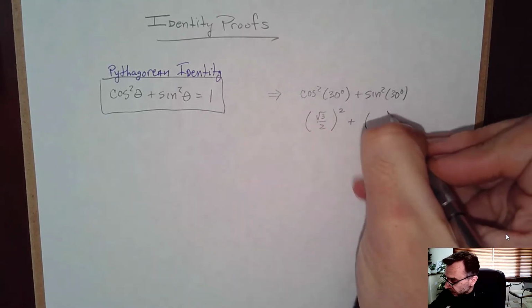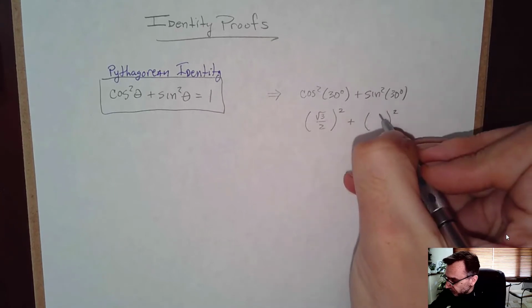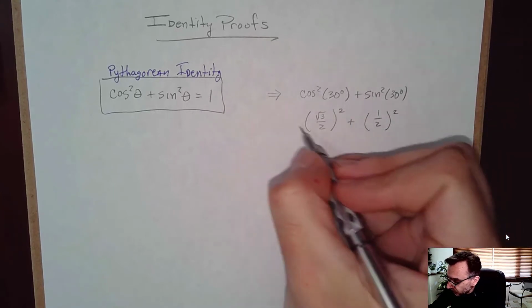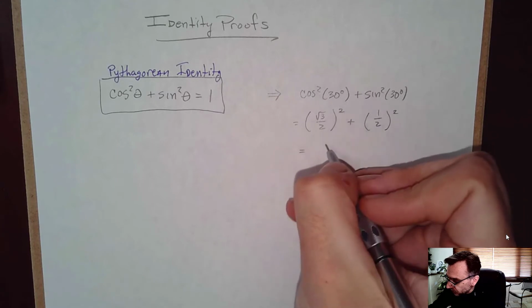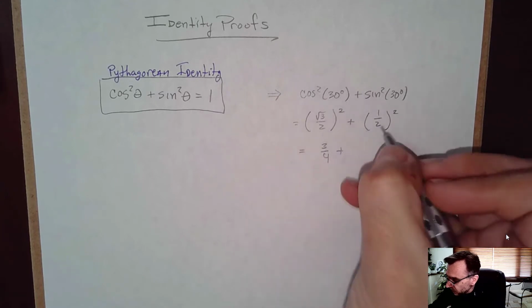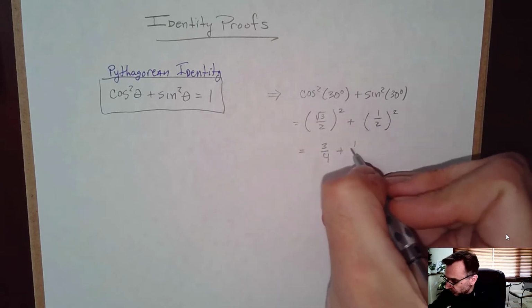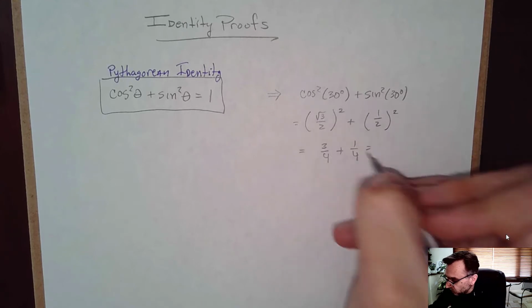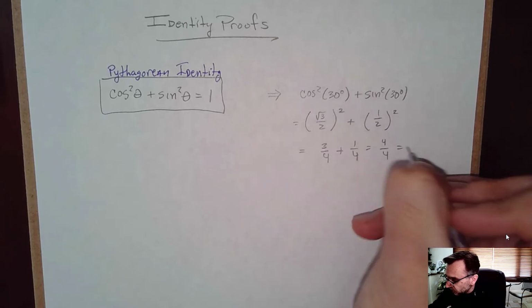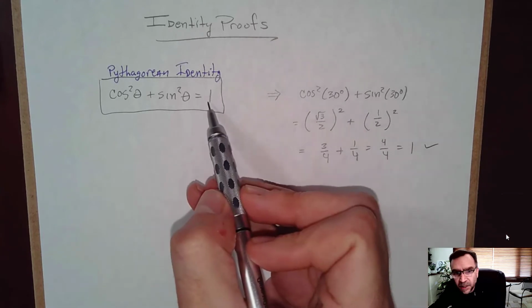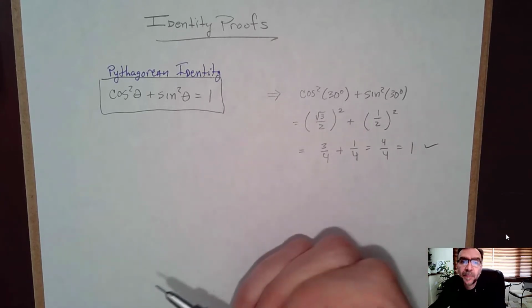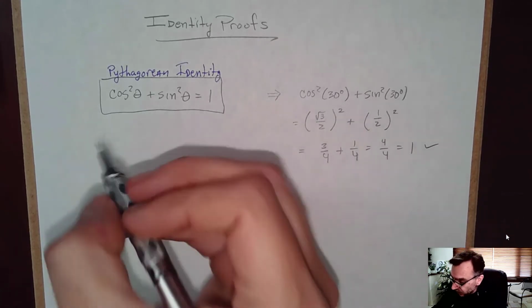And so here we have sine squared, and sine of 30 degrees is 1/2. And so this equals, when you square this, you get 3/4, plus the square of 1/2 is 1/4. And 3/4 plus 1/4 is 4/4, which is equal to 1. And you can see, no matter what angle I plug in there, I'll get a 1. That's what an identity means. It's always true.